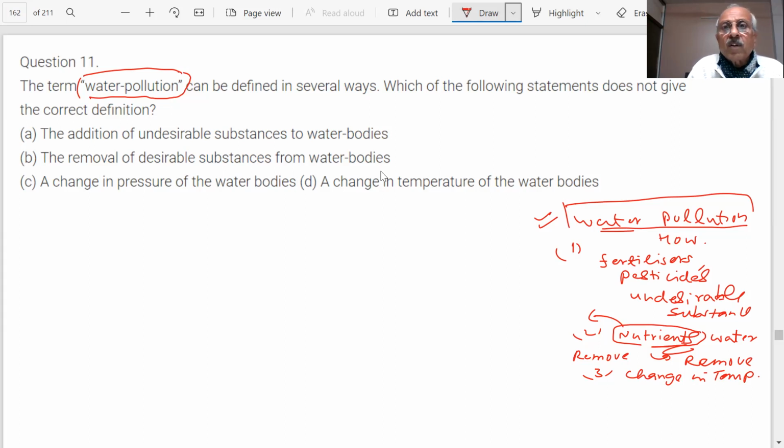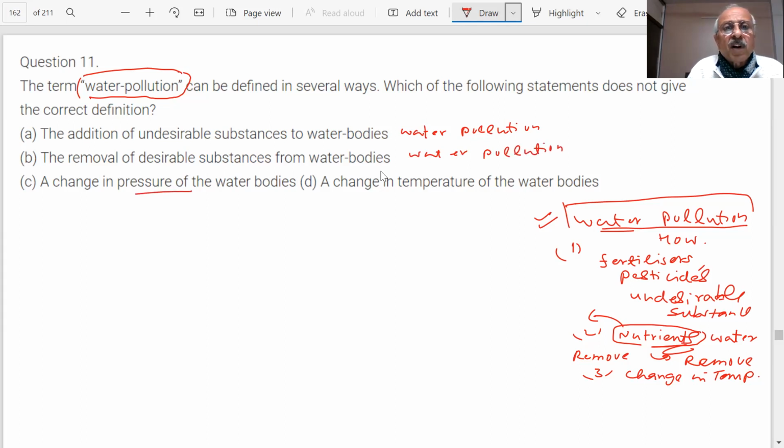So then what answer are we giving? Let us read the correct options now. Addition of undesirable substances, this is a definition of water pollution. Removal is also water pollution.